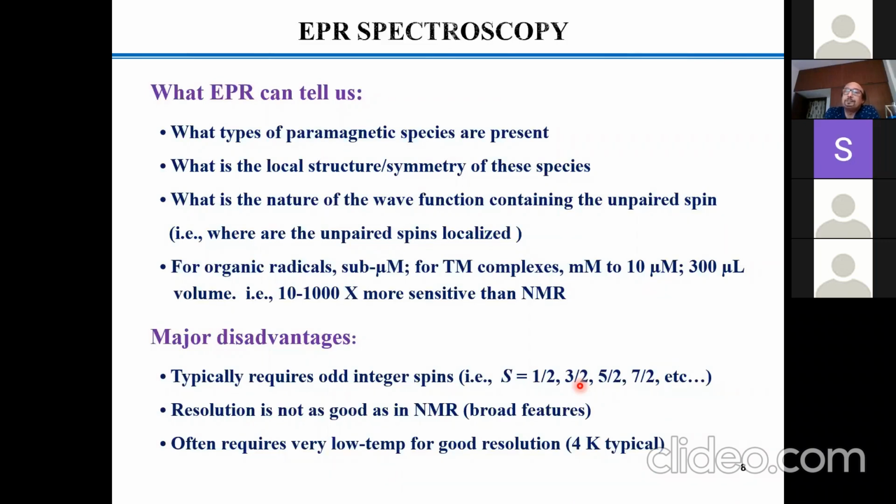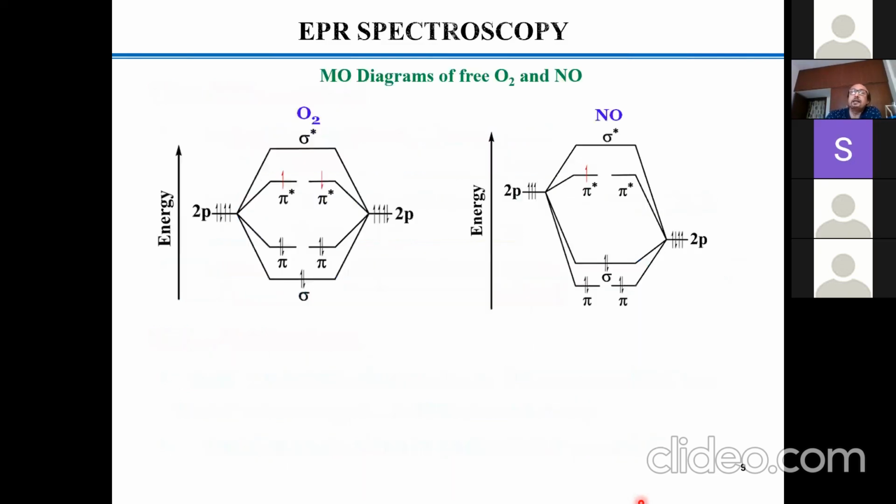You have to go down to the maximum possible low temperature, say 4 K, using liquid helium, to get a fairly resolved spectrum. So all sorts of issues are there. Those are considered disadvantages of EPR as compared to NMR.